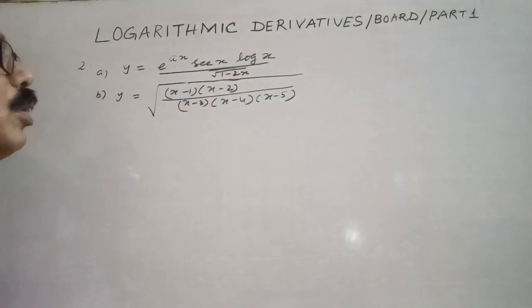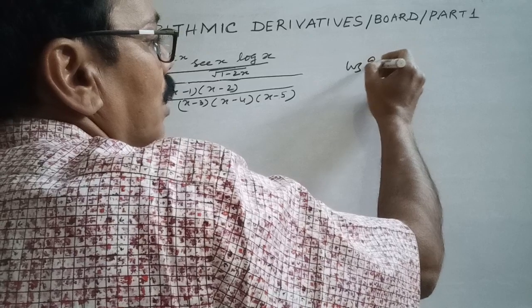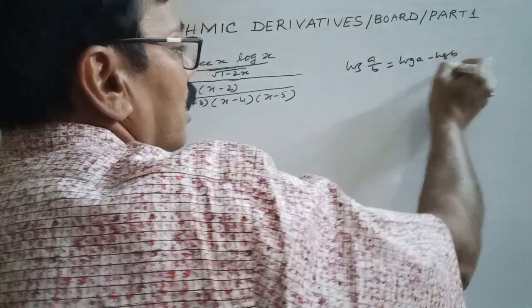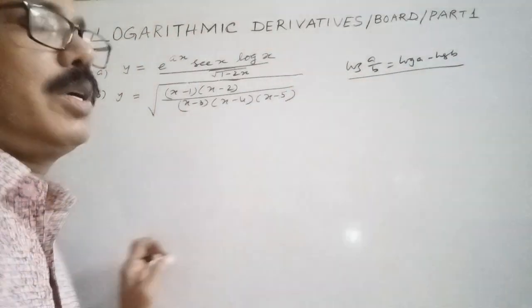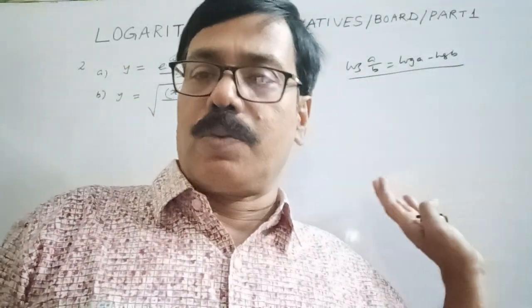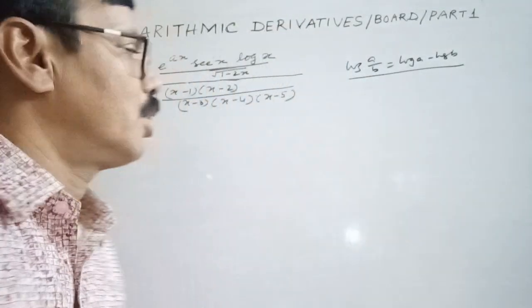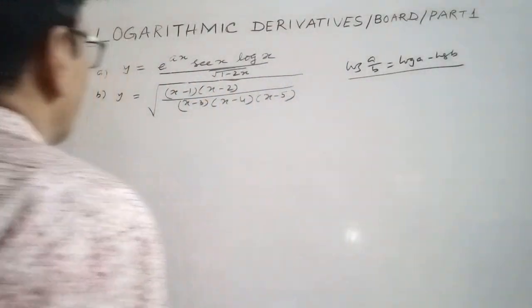But you know, log of a by b equals log a minus log b. If it is given in ratio form, then log will be plus for numerator terms and minus for denominator terms. So we use this concept.